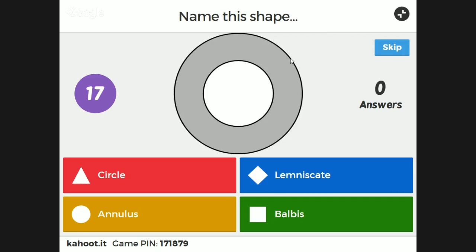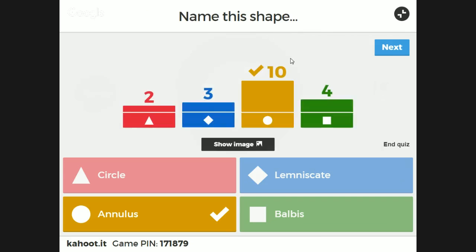Name this shape. I didn't get this one. No. Let's see what happens.